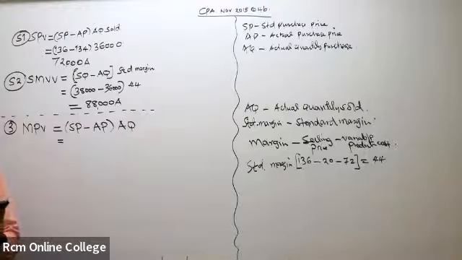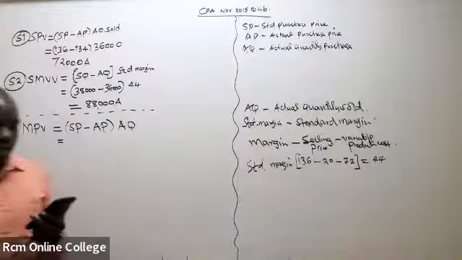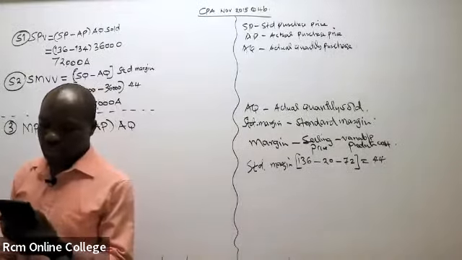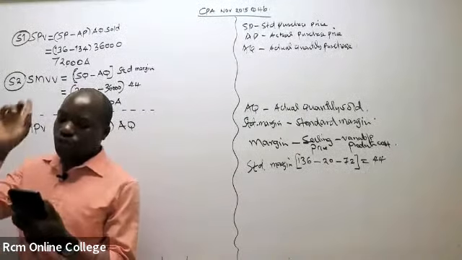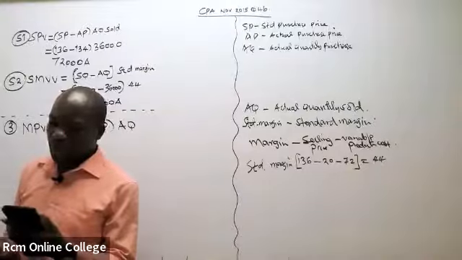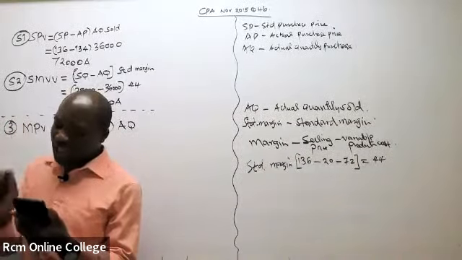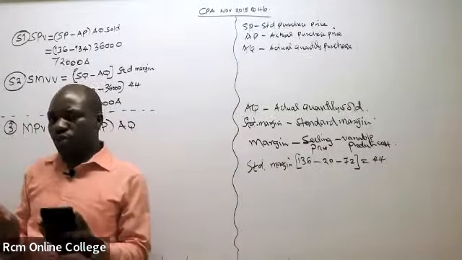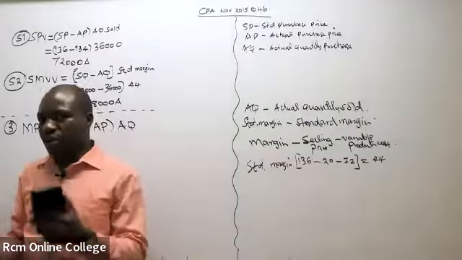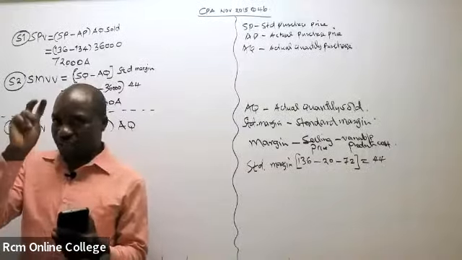Now let us look at it. Thank you. You've actually answered my question. I now have a very simple task ahead. Now look at that question. We are told that materials, they are going to use 2 kgs, which was to be purchased at 10 shillings per kg. So 1 unit of finished product Q requires 2 kgs.